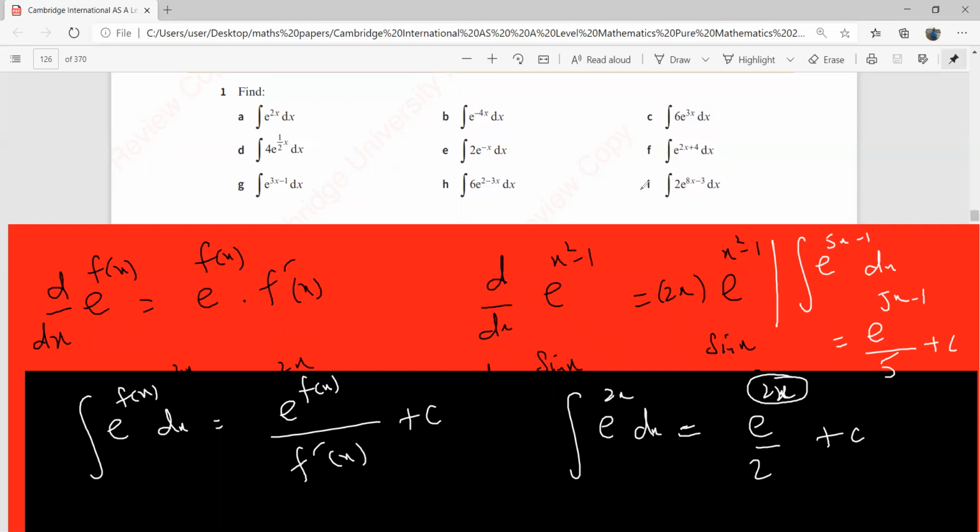If you look at this part A, the power is 2x. Look at the part B, the power is minus 4x. And look at the part C, the power is 3x. ठीक है ना? But if you remember the differentiation of these exponential functions, you see the power over here is x square minus 1. I even did a question where the power was sine x. So there was no kind of limitation on the powers, but you see the same kind of powers over here.